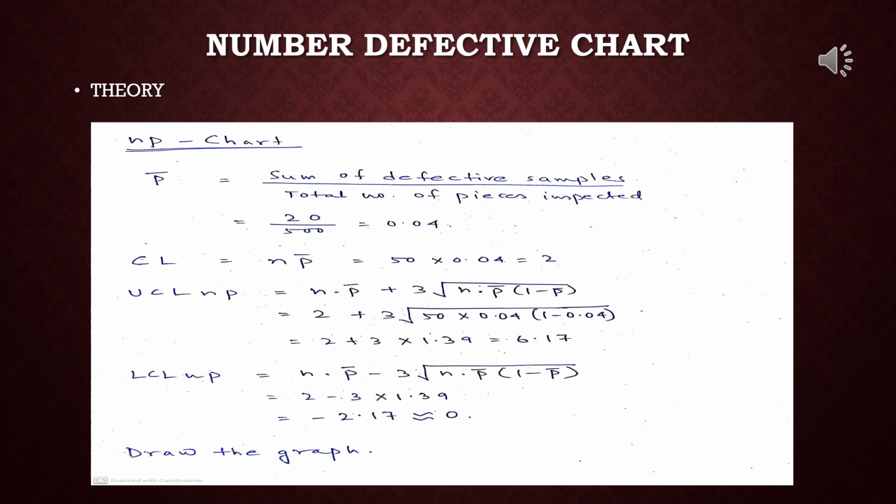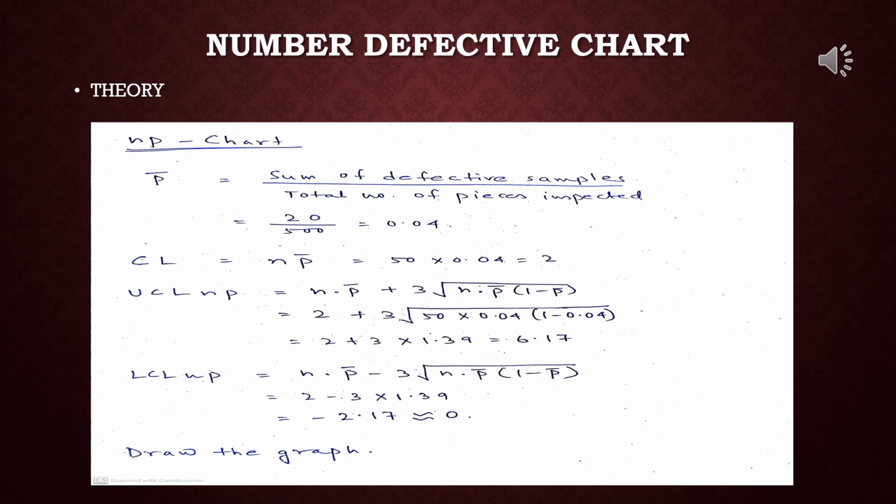Now the central line of the NP chart is calculated as n into P bar. As I have explained in the previous slide, n is 50 here and not 500. So 50 into 0.04 should give you the value of 2. The upper and lower control limit formulas are n into P bar plus or minus 3 root over n into P bar into 1 minus P bar, and the lower control limit will be negative.